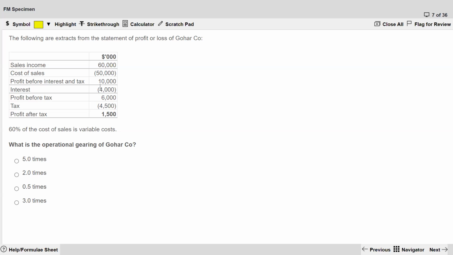So what do we have to do? We have to find the operational gearing of Gohar company. So how is it going to be calculated? Can you try to calculate?